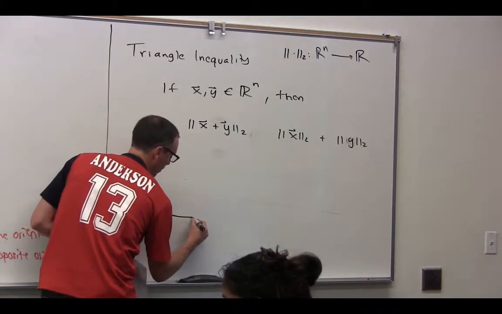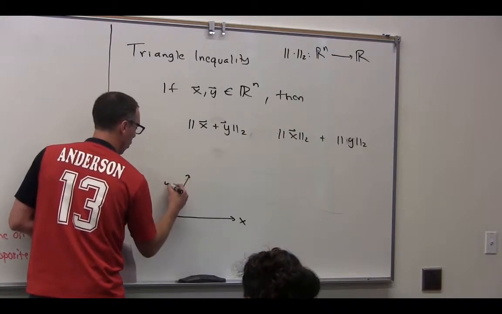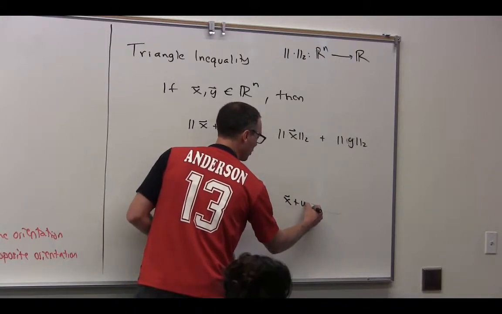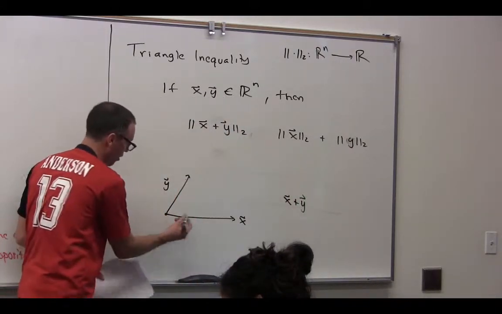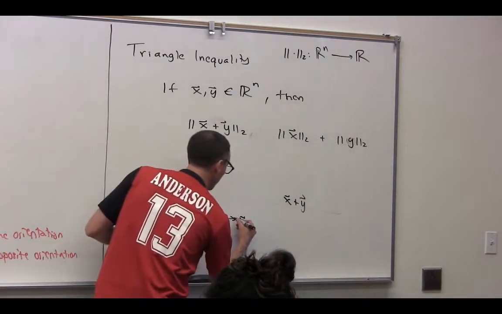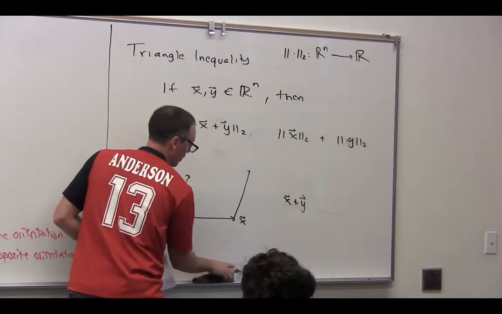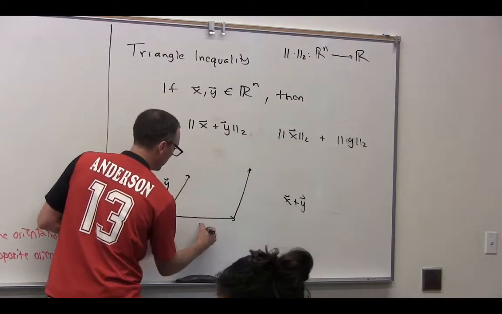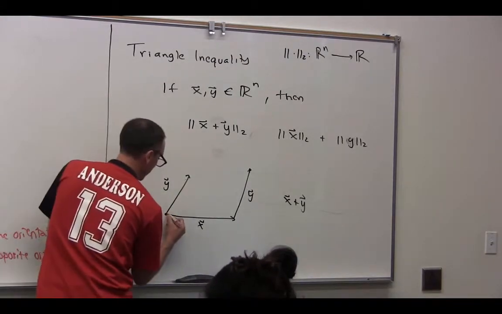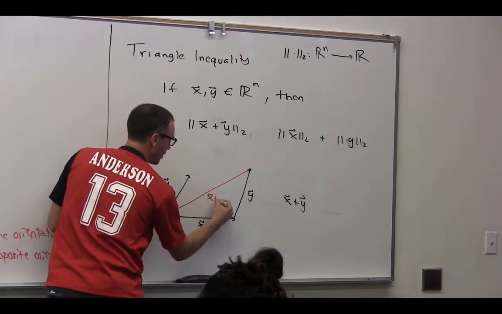Let's look at x, and then we'll look at a vector y. What happens if I were to look at x plus y? First I start at the tail, I go all the way to x, then I climb along y, and then the diagonal from this to the associated head, that's x plus y.